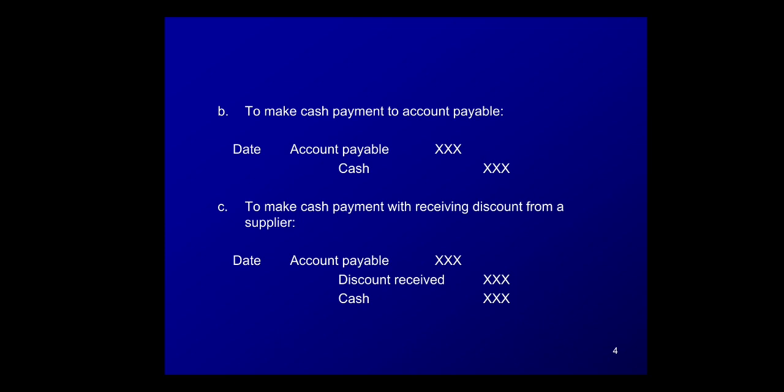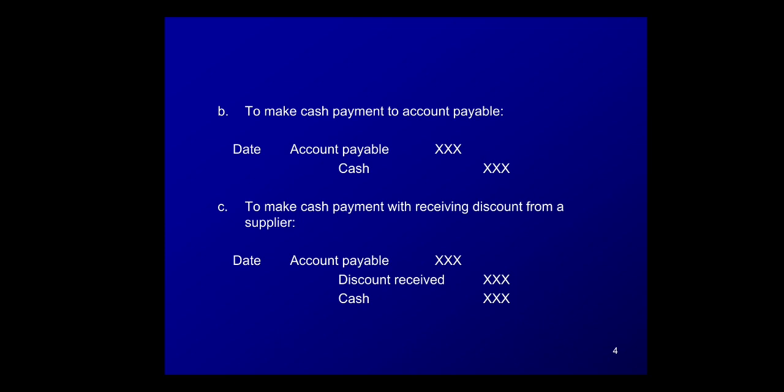For example, you owe $1,000 to a supplier, and then you pay early, and the supplier gives you a $30 discount. So how to record that? The way to record that is you debit account payable $1,000. You have to debit the account payable $1,000 because you owe $1,000 to the supplier.